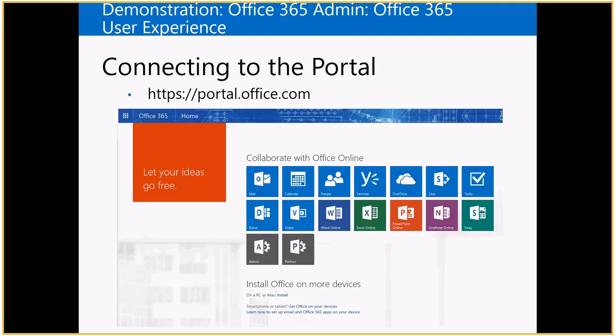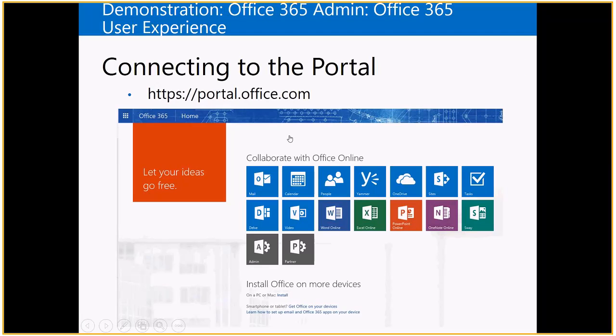One of the most important things now that we've sort of seen what Office 365 is, understanding, okay, how do I use it? How do I access it? How do I take advantage of all these great tools that Neil has just told us about? Well, the first thing you want to do is connect to your Office 365 portal, and the URL is right here, portal.office.com.